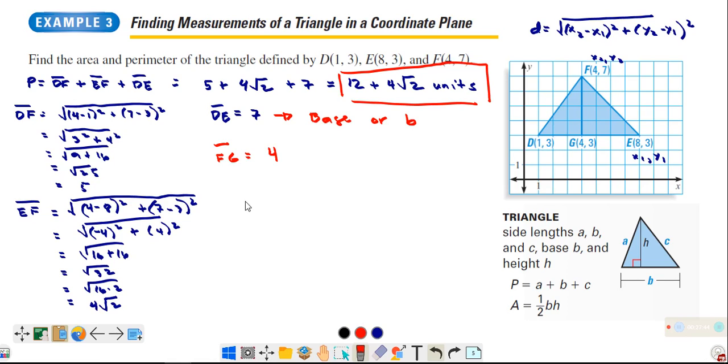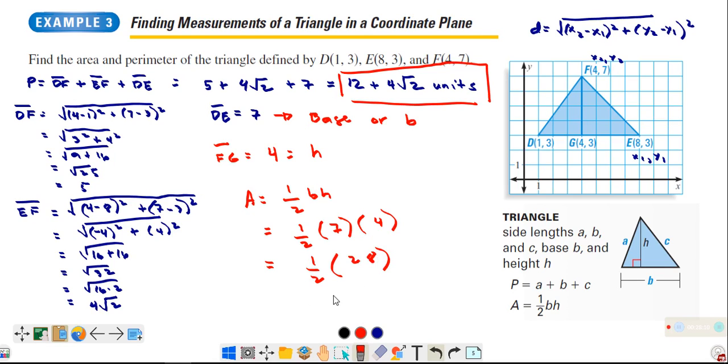So, meron kang 4 units. Now, kunin natin yung area using the formula 1/2 BH. So, ito yung magiging height natin or h. Okay? Now, let's substitute the values. We have 1/2 times the base, which is 7, times the height, which is 4. So, 1/2 times 7 times 4, we have 28.